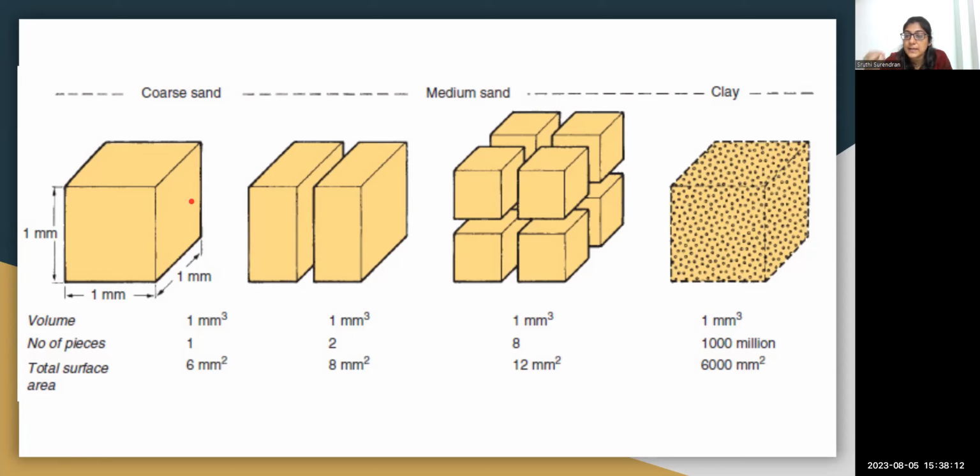So what happens when the total surface area increases? Every small particle is going to hold some amount of water. So the water held by all the small particles is going to be a lot more than the water held by this one particle, because the total surface area is higher in smaller grained particles.